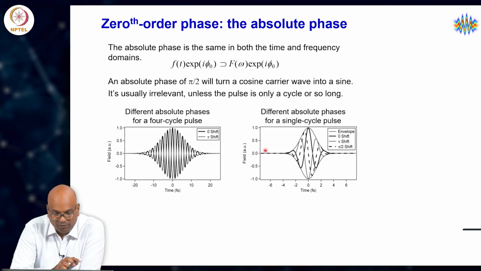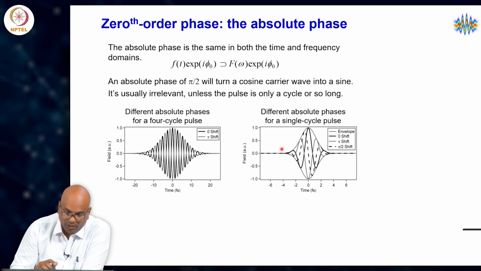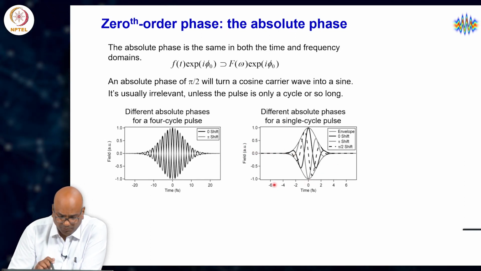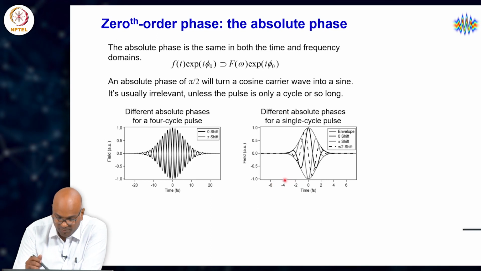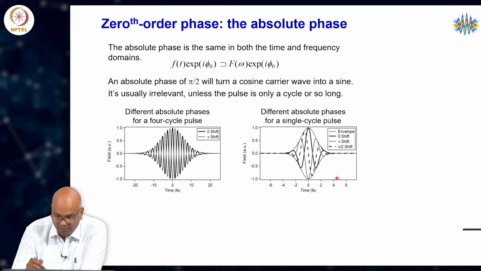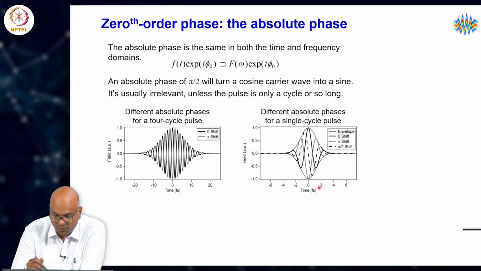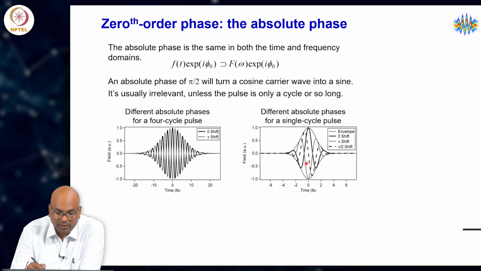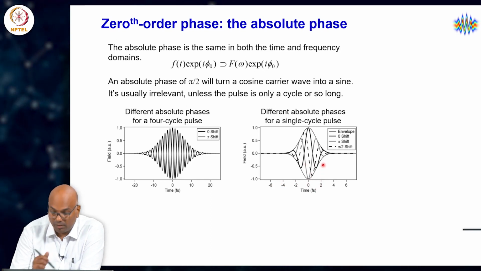But then if we focus our attention on the view graph to the right, where we have the scale going all the way from just about 5 femtoseconds on either side of 0. Here each cycle is about 3 femtoseconds long.